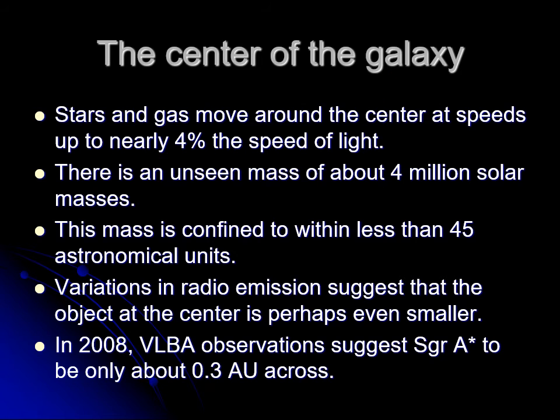How much gravity? Well, because some of these stars are moving at up to 4% the speed of light, that suggests that there has to be about 4 million solar masses. Well, if it was 4 million stars, we'd see that. We don't see that. Indications are that mass is confined to something less than 45 AUs across. That's smaller than our solar system is across.